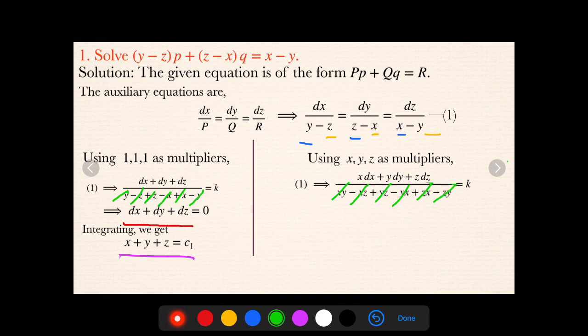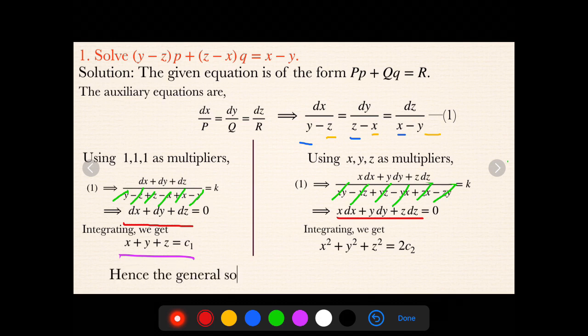So all the terms vanish, therefore x, y, z act as a multiplier. So we get x dx plus y dy plus z dz equal to 0. If you observe this equation, the coefficients of dx, dy and dz are functions of x, y and z only, so I can integrate. Integration of x is x square by 2, y is y square by 2, z is z square by 2, transferring the 2 to the other side, the integration constant becomes 2c2.